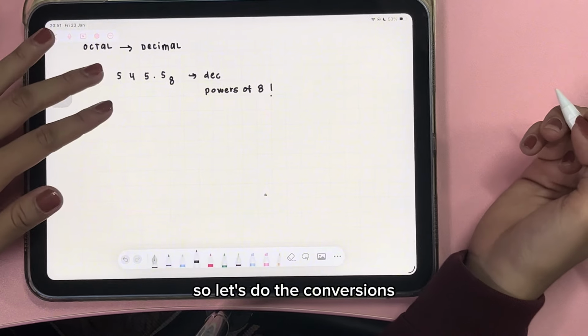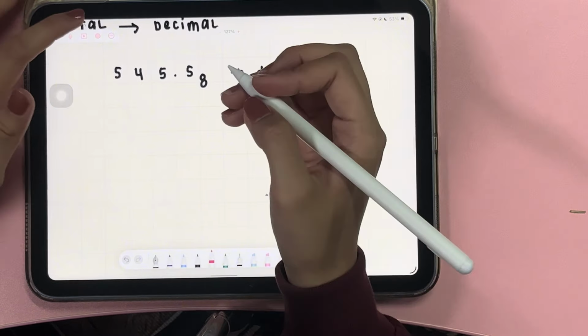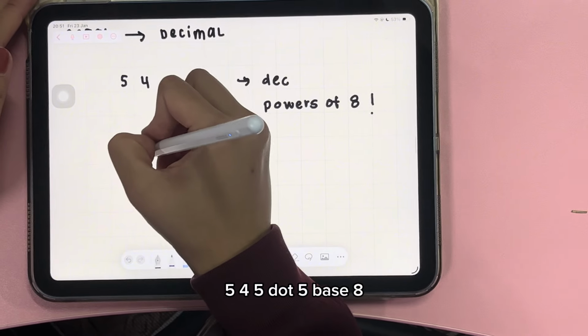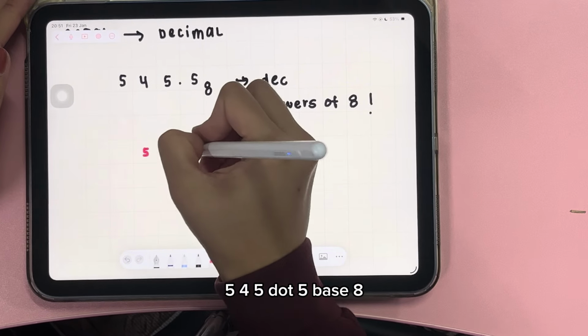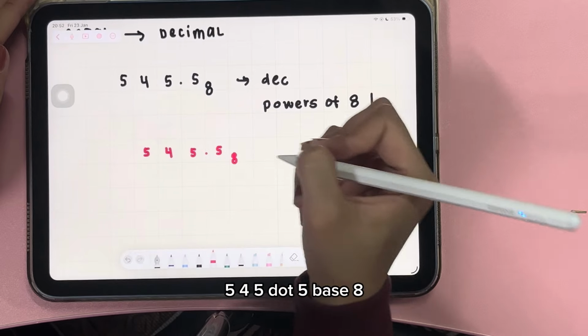So, let's do the conversion. 545.5 base 8.